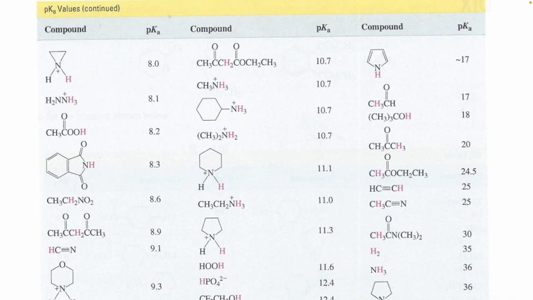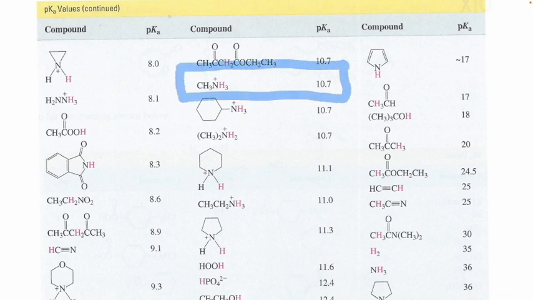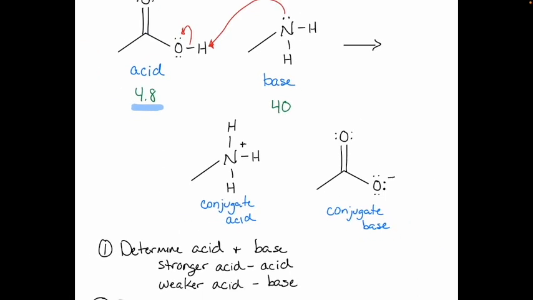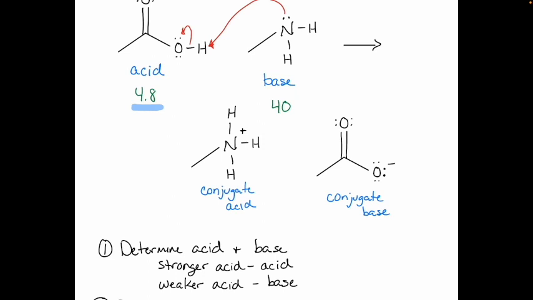The 10.7, right? CH3NH3 with that plus there. So now we've got the pKa of our conjugate acid, which is 10.7. So again, we're going to compare our acid at 4.8 with our conjugate acid at 10.7.